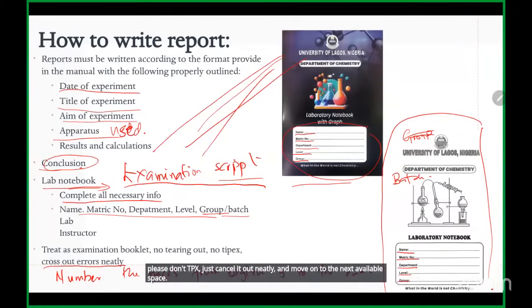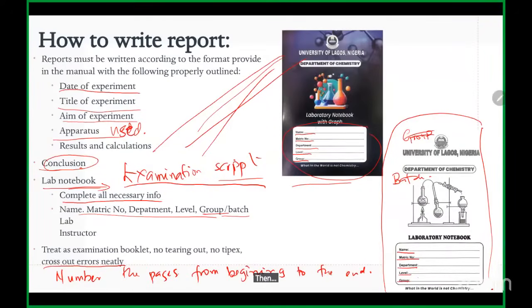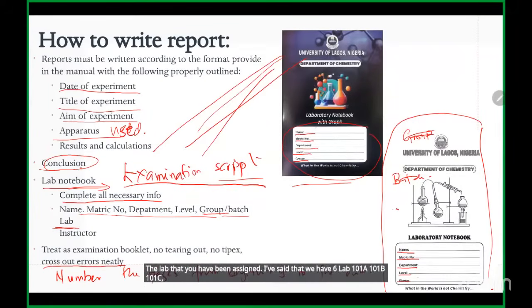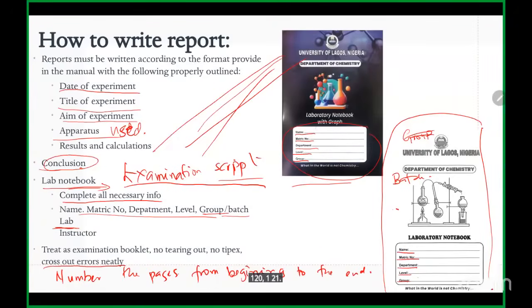Then, what you're including as part of your information is the lab that you have been assigned. I've said that we have 6 labs: 101A, 101B, 101C, 105A and B, 120, 121. Please write it there.